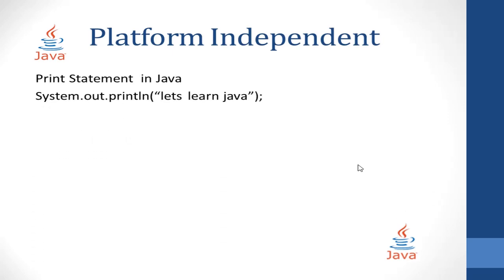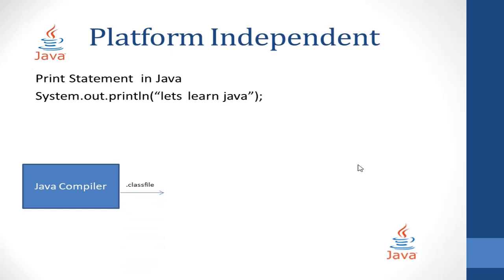Let's again take the same example of a print statement, but this time in Java. Now, Java also has its own compiler. The Java compiler converts this code into a file called a class file, which is only understood by the JVM, known as the Java Virtual Machine.